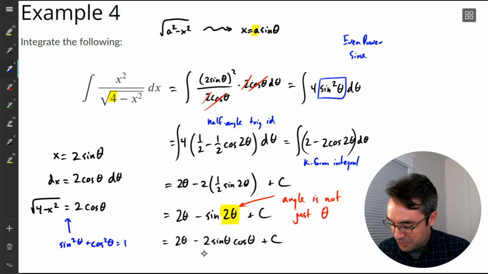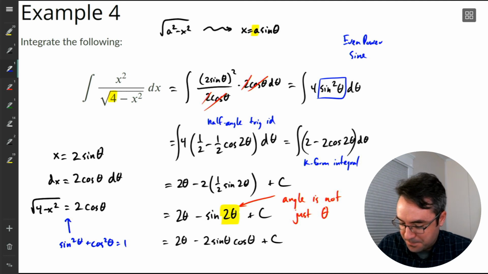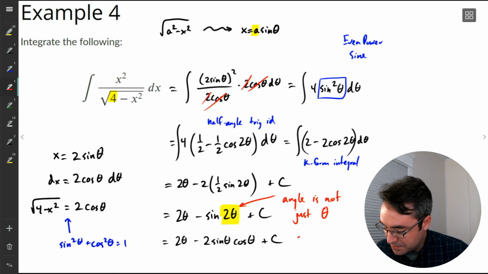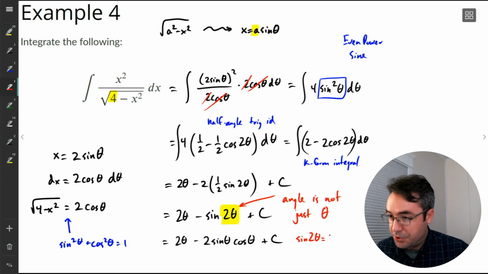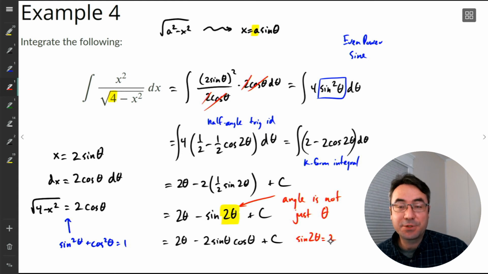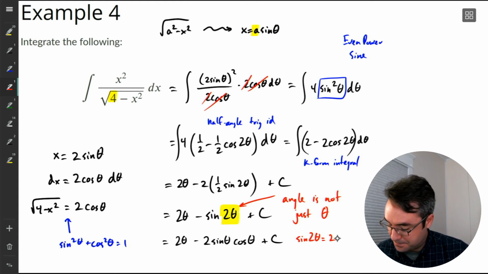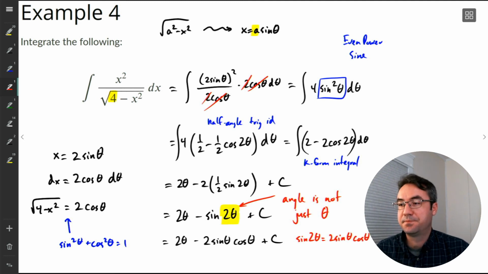So the trig identity we used there was sine of 2 theta is equal to 2 times sine theta times cosine theta.